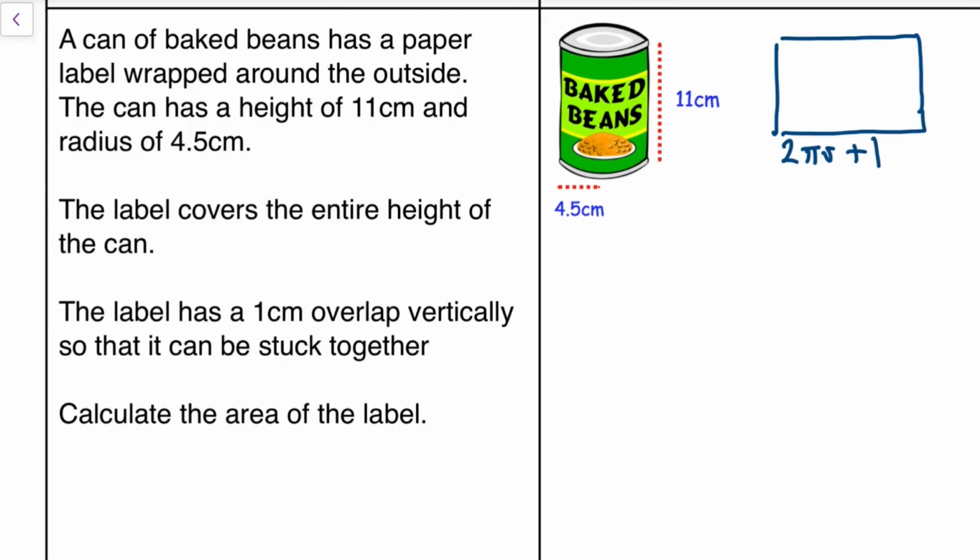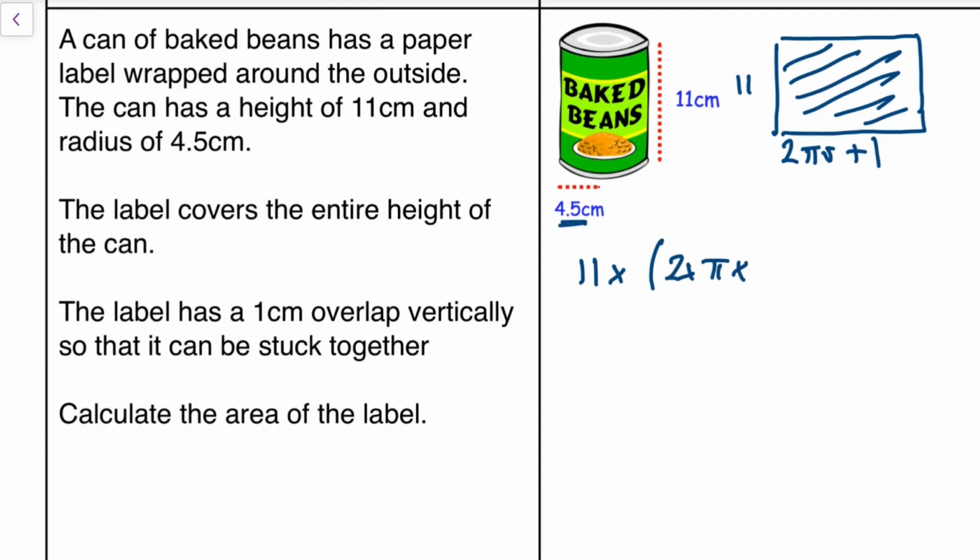Okay, no surprise there. So I've pretty much written it out, haven't I? So I'm working out the area of this rectangle here, where now the height's 11, and the length is 2 pi r plus 1. Well, actually, that's going to be 11 times, well, the radius is 4.5, so 2 times pi times 4.5 plus 1.